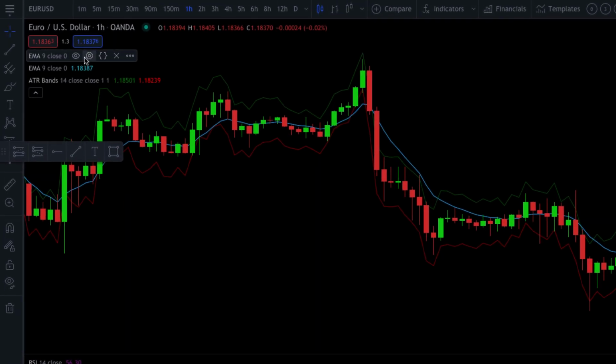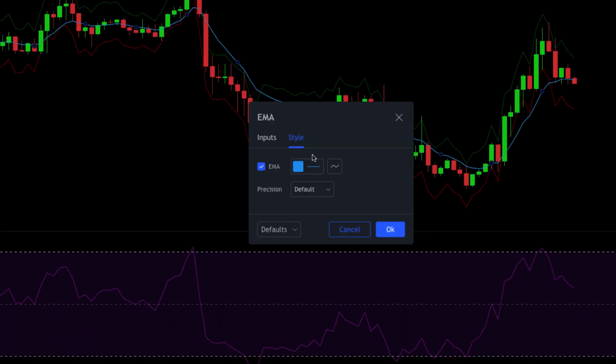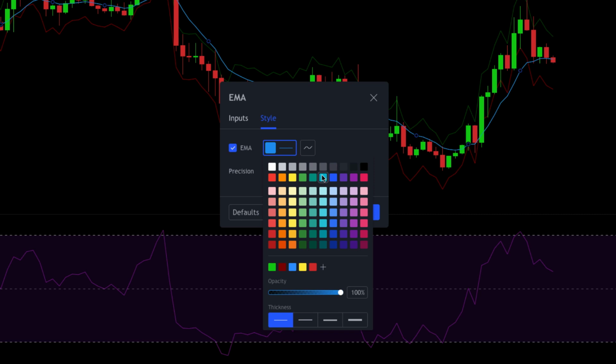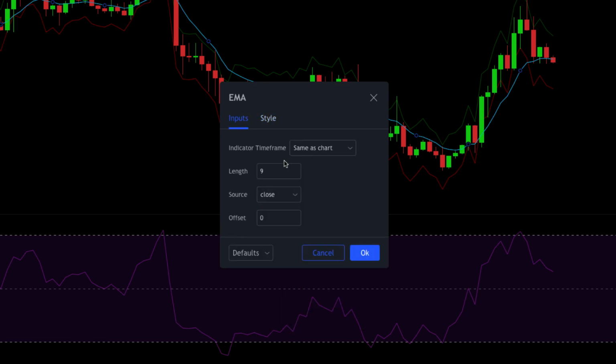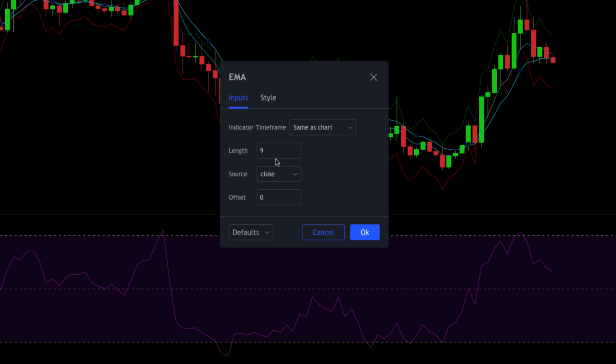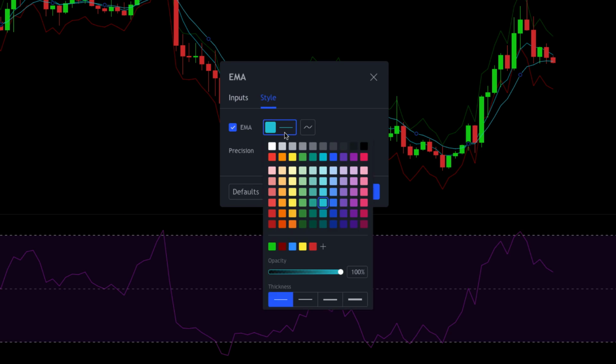We're going to configure the first EMA, and we're going to make it an aqua, and we are going to make the length 5. Then our second EMA is going to be a 10. And we are going to make that a lime green.